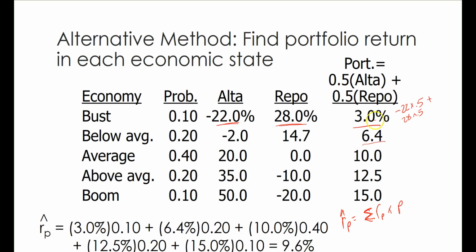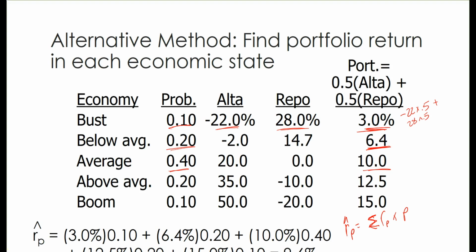So in a bust economy, we have a 3% return that we foresee, and we multiply it by our 10% chance. Then we add our below average return of 6.4%, multiplied by the probability of 20%. Add the average, which we expect to be 10%, multiplied by our 40% chance, and so on, and you get 9.6%. You get the same answer regardless of method.